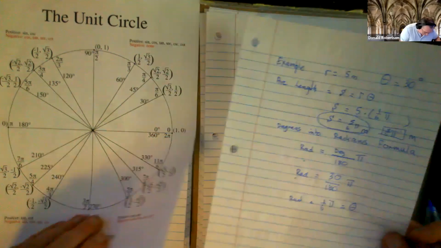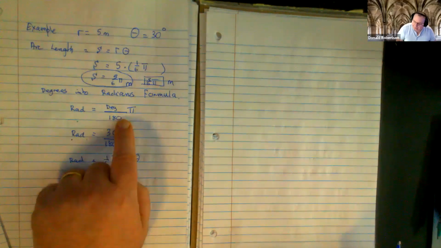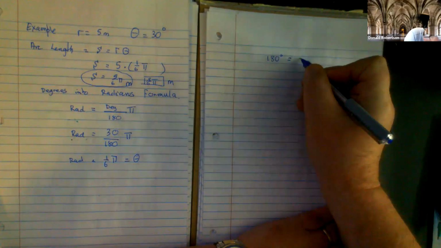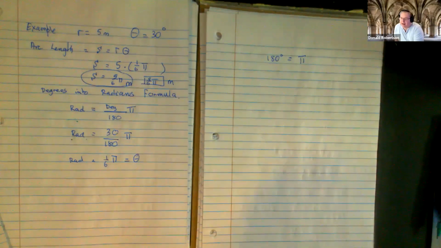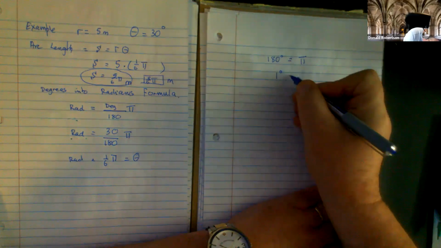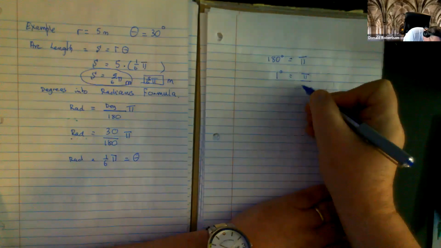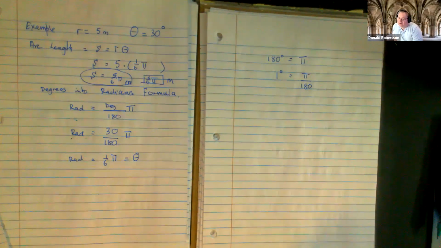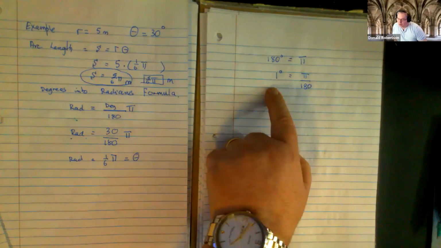Okay, let's try and prove to you that this formula works. Okay, so 180 degrees is pi. Agreed? That's kind of what you were saying earlier, Cassandra, right? 180 degrees is pi. So won't 1 degree be pi over 180? Would that make sense? Divided by 180, right? 1 degree is that.